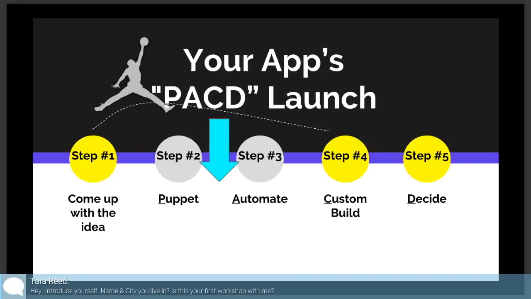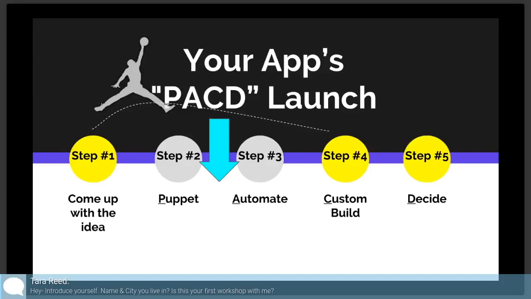This is why a lot of startups fail, and it's particularly why a lot of non-technical entrepreneurs fail with their idea, because they try to jump all the way from step 1 to almost the end. And so when you do that, you leave way too many opportunities for yourself to fail and fall through the cracks. But if you pace yourself with a PACE launch, you're able to give yourself accurate stepping stones that you know you can hit.